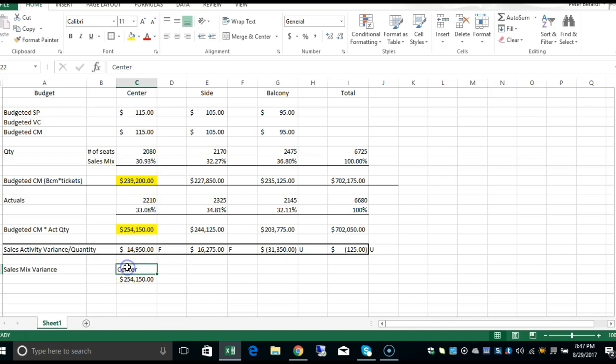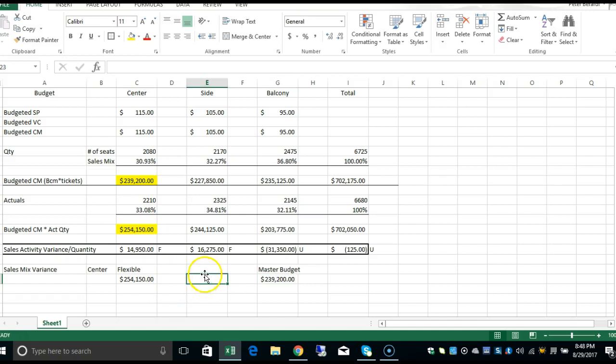So for center, I'm going to call this column flexible. Now, we're going to take straightforward the master budget, which is going to equal the 239.